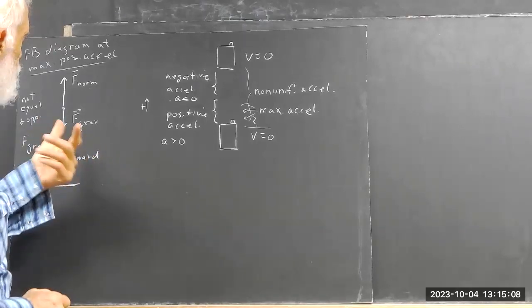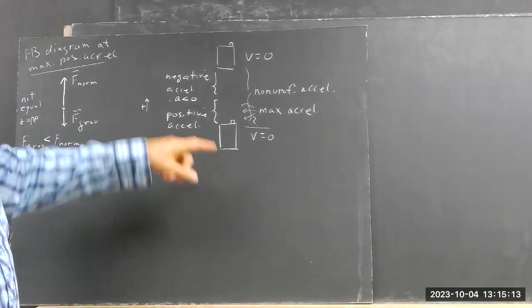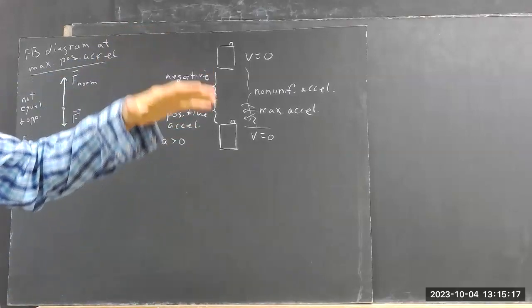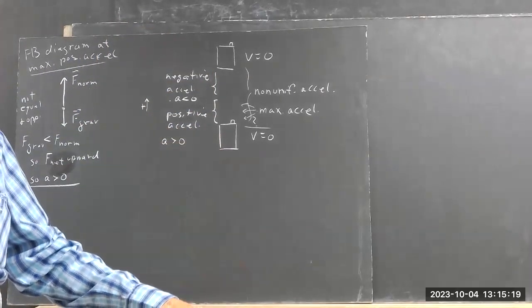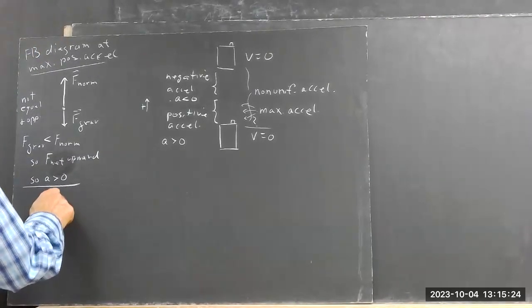Okay, what does a free body diagram look like when you have the minimum acceleration, that is the greatest negative acceleration? What's a free body diagram?